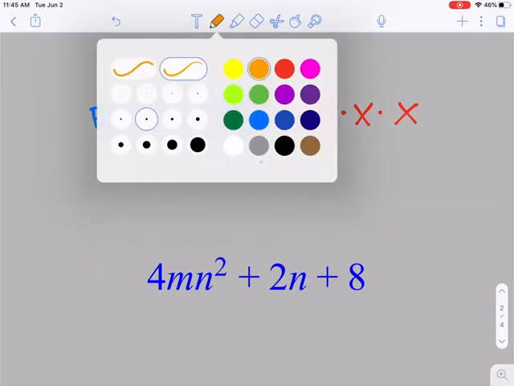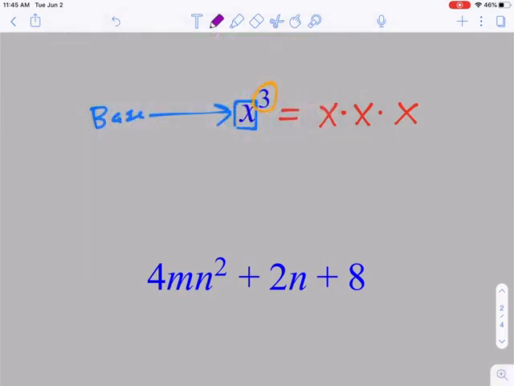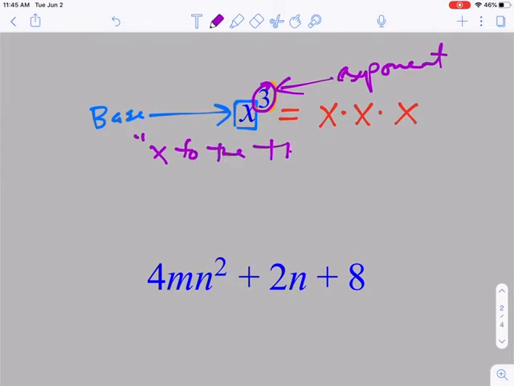And then this other part here, the 3, I like the orange, but you can't see it very well. The 3 is called the exponent. And we say this a number of different ways. You could say x to the third power.